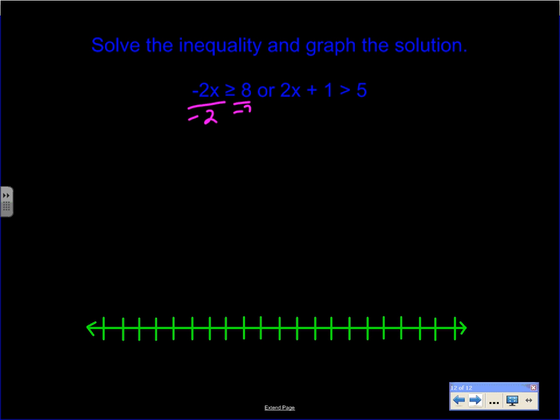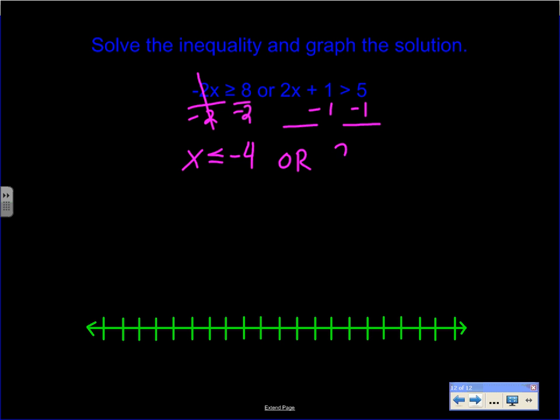Divide both sides by negative 2. We have an inequality dividing by a negative, so flip the inequality. The inequality on the right, we're going to add 1. Nope, you know we're not supposed to add 1. Subtract 1.